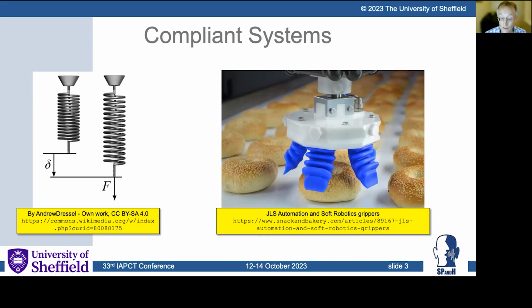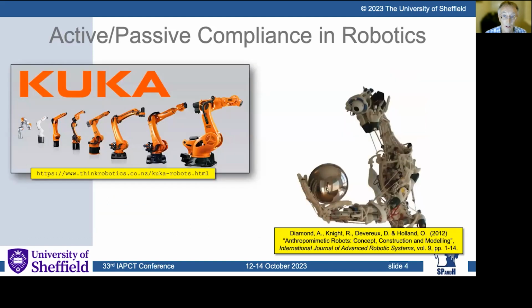And so soft materials are typically used. Compliant materials are often used. For example, on the right here, that's a gripper. So this is just elastic compliance, using the natural properties of the material to facilitate some kind of control.